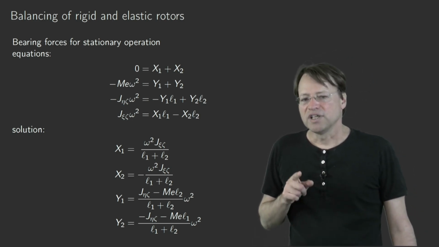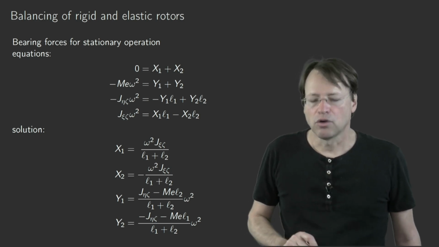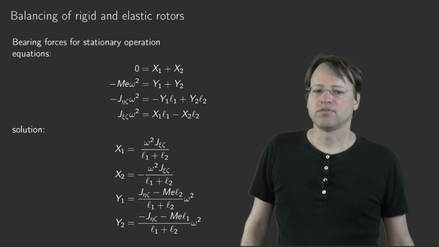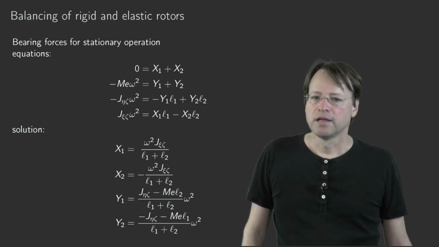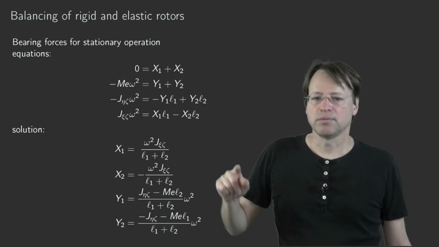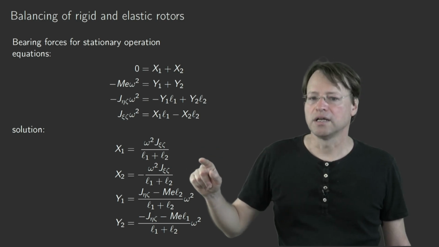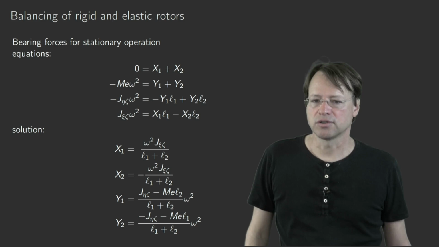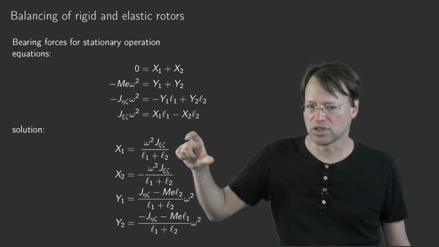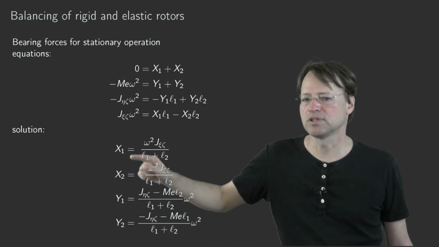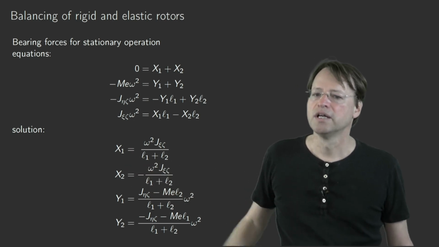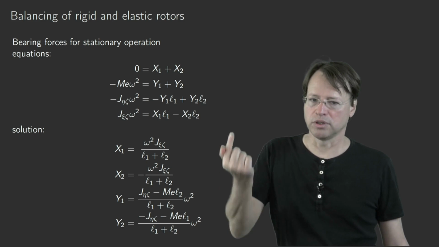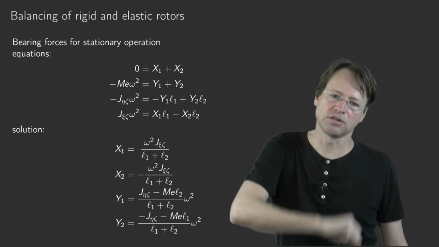And then what is of interest is the effect of what I called at the very beginning a static imbalance, and the influence of a dynamic imbalance. The dynamic imbalance is represented by the off-diagonal elements of the mass moment of inertia tensor. You can see that certain, namely the same, off-diagonal elements appear in x sub 1 and x sub 2, and two others appear in y sub 1 and y sub 2, so in the radial forces and in the tangential forces.